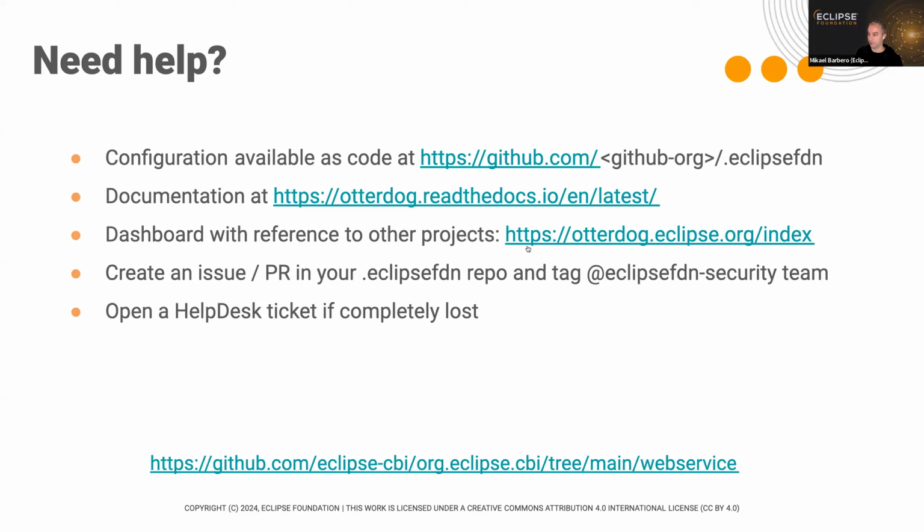There is the URL for the dashboard, so it's public for anyone to see. And you can always create an issue or a PR in your .eclipsefdn repository and tag the security team for help with those configurations. And of course, if you don't remember any of these, you will remember the help desk, and you can always reach out to us over there.